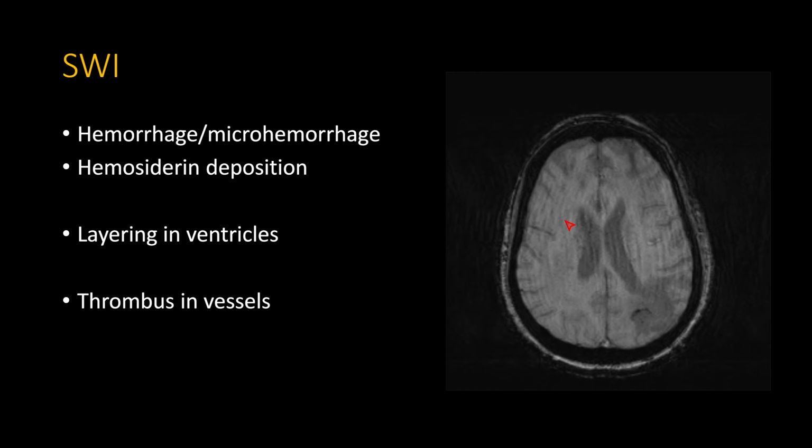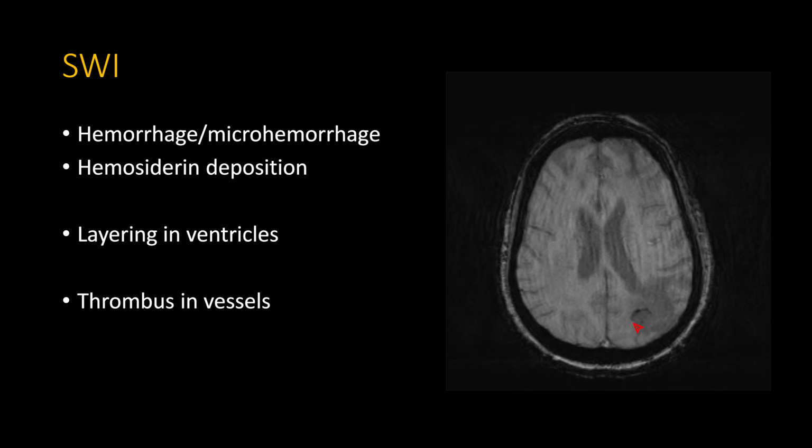If you see something that's dark on SWI, like for example, probably this thing here, and it also has some dark signal on the other sequences, especially like T2, that's not really microhemorrhage anymore. I usually call those hemosiderin deposition because you can actually see it on traditional sequences, and so it's not really micro anymore. You don't need these very high sensitivity sequences to see those, so I wouldn't call them micro. I'll just call them hemosiderin deposition.